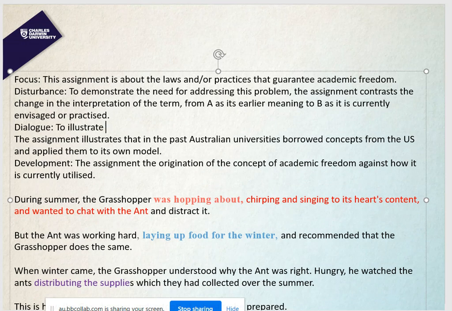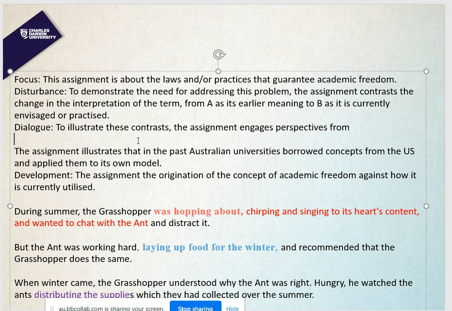To illustrate these contrasts, the assignment engages perspectives. This is primitive, because I want to say investigates, but engages perspectives from basically who? What do you draw on to get these contrasts?